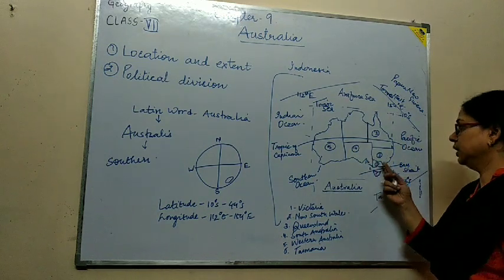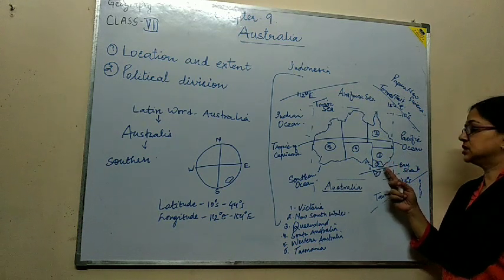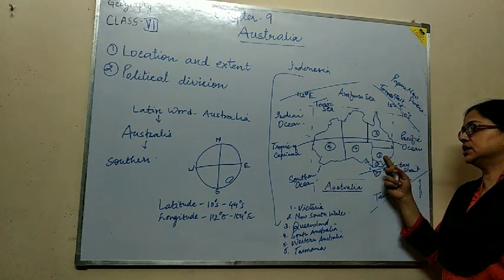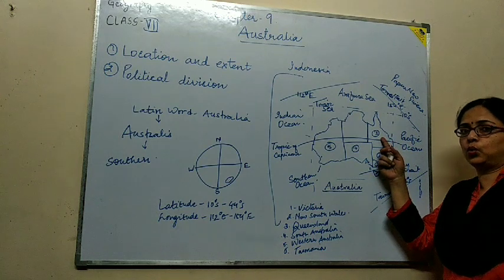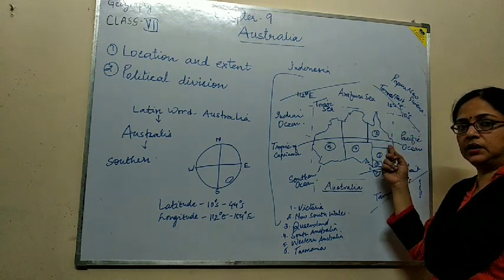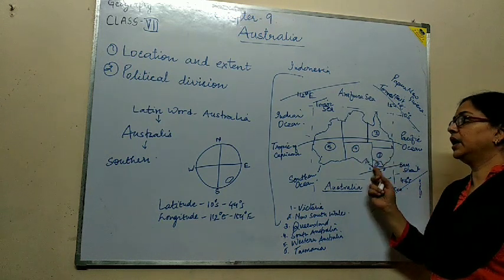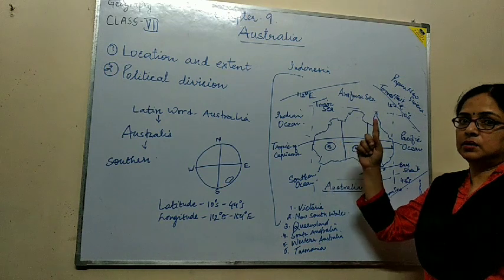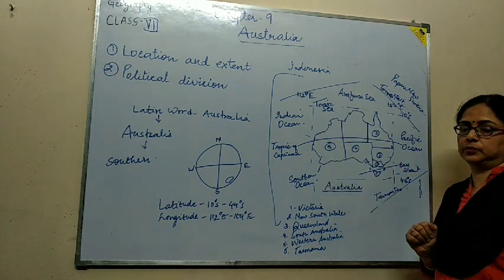The capital of Victoria is Melbourne, capital of New South Wales is Sydney, capital of Queensland is Brisbane, capital of South Australia is Adelaide, capital of Western Australia is Perth, and the capital of Tasmania is Hobart.